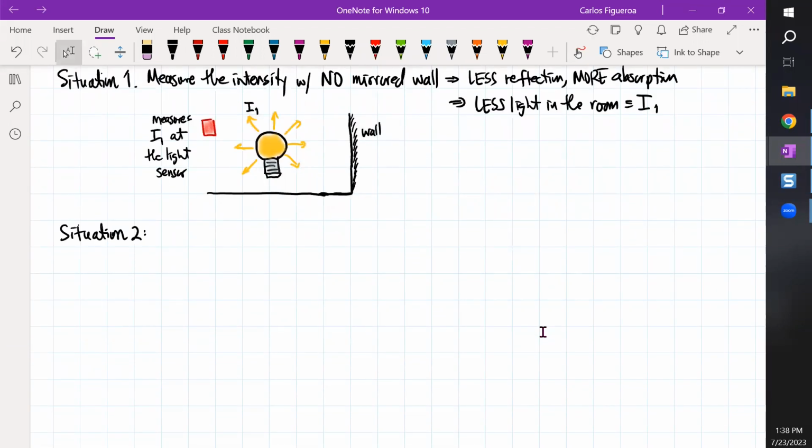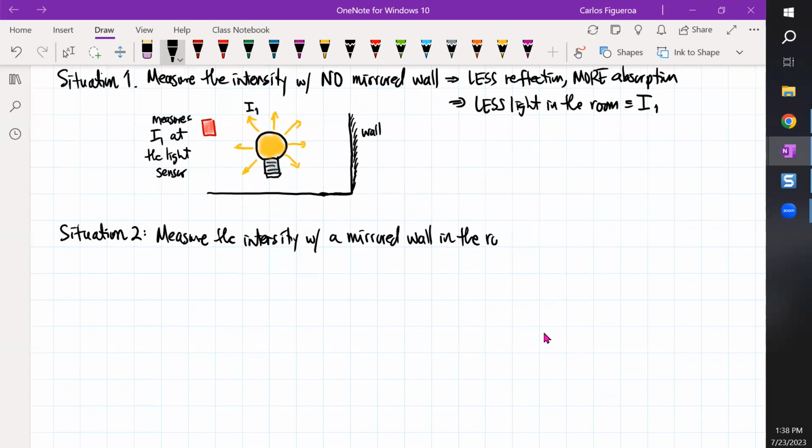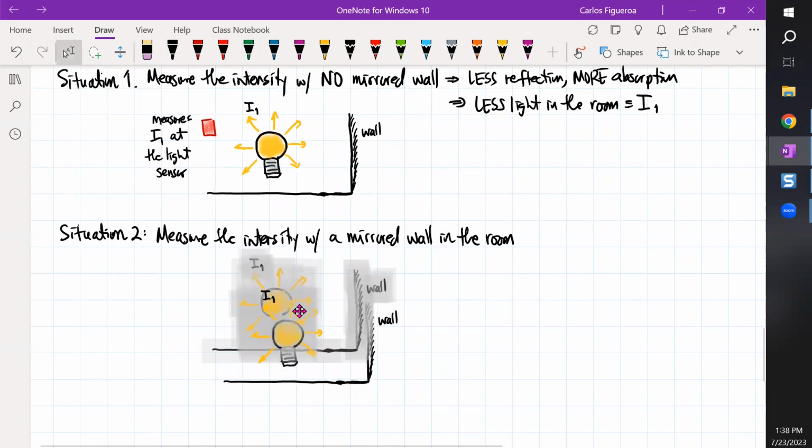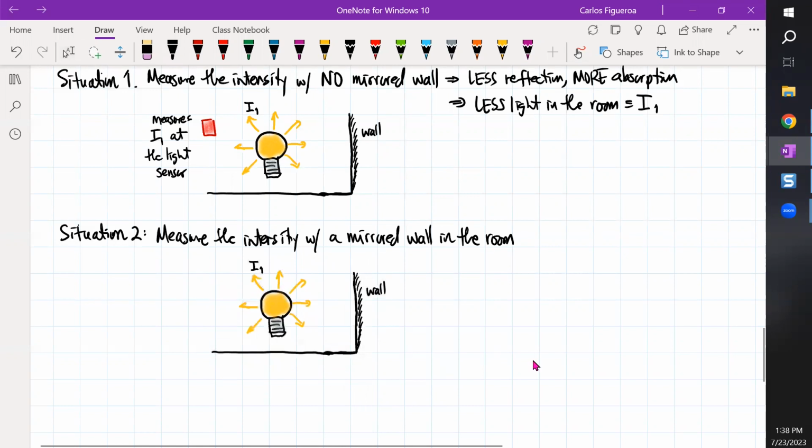Now we're going to measure the intensity with a mirrored wall in the room. So what I'm going to do differently is take this wall out, and I'm going to have a mirror right here.